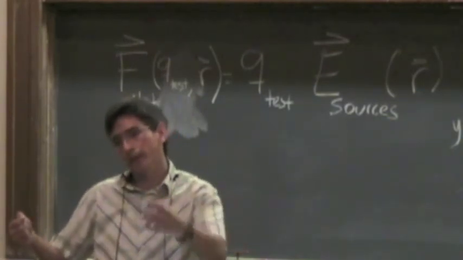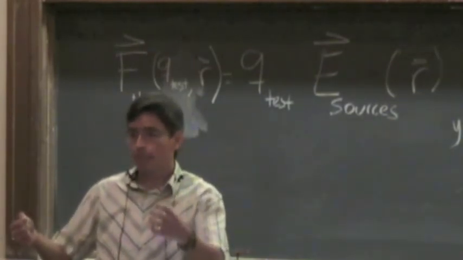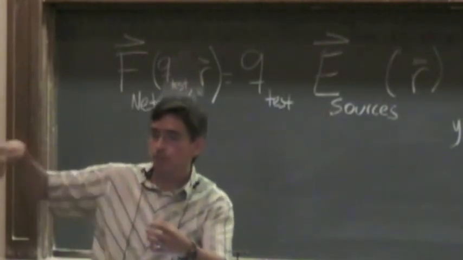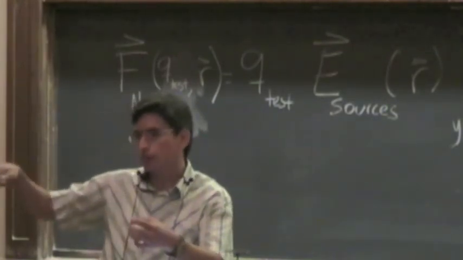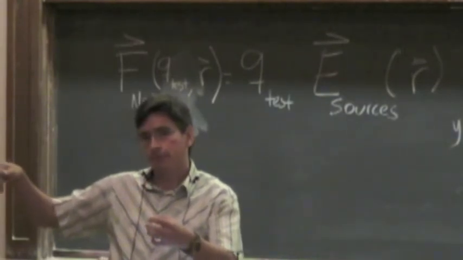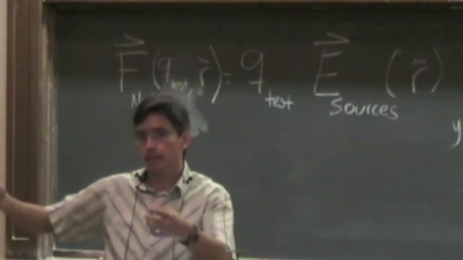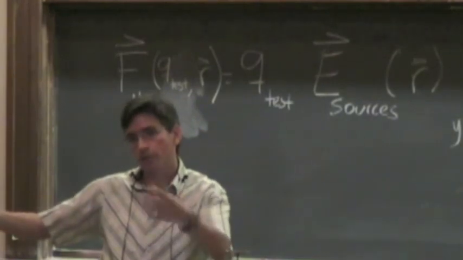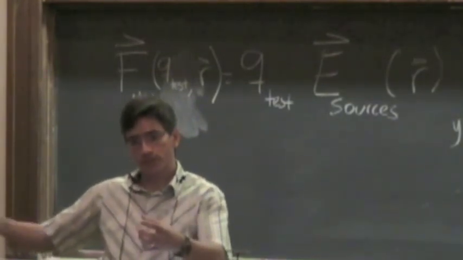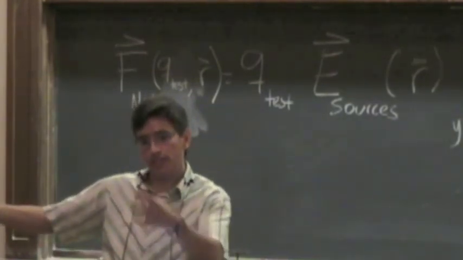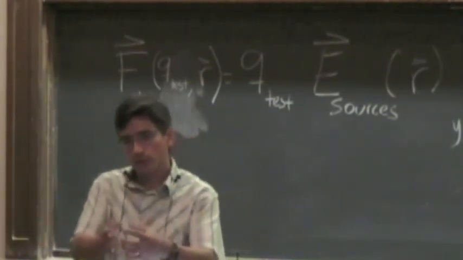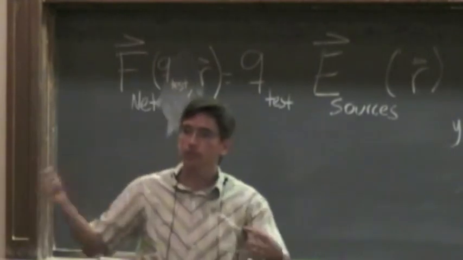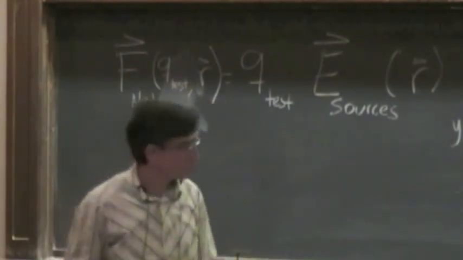And what happens when you bring a particle B into the neighborhood is that B interacts with the electric field produced by A. Sort of like two boats, right? One is producing waves, the other boat feels those waves. This boat is not really shaking the other boat directly. It's doing it indirectly through the water. So particle A and B are influencing each other, but through the electric field.